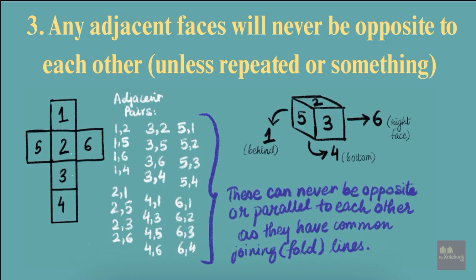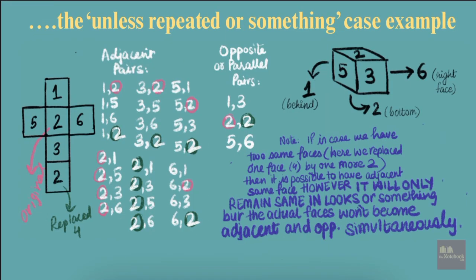So 2 and 3 cannot be opposite to each other, they cannot be parallel to each other. But of course, for example, if I had 2, 3 and then 3 over here again, then 3 would have been adjacent to 2 as well, and it would have been parallel to 2 as well, because 3 is repeating. Here is the example for it, you can just check it out.